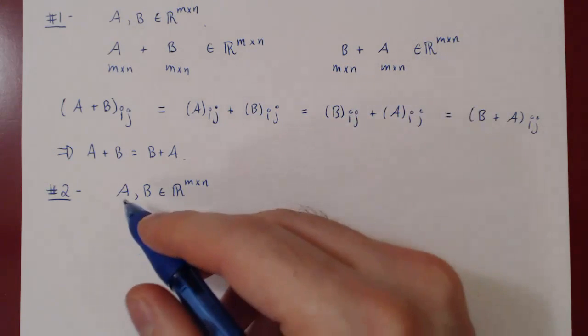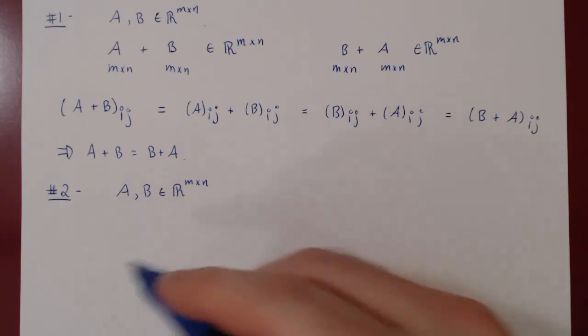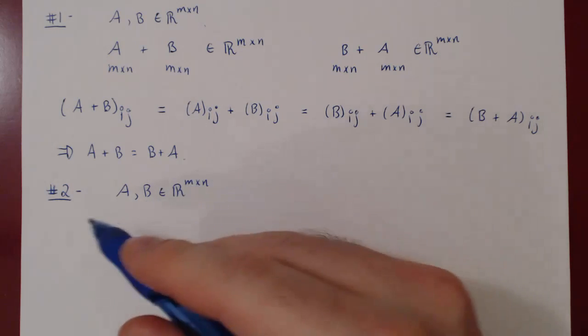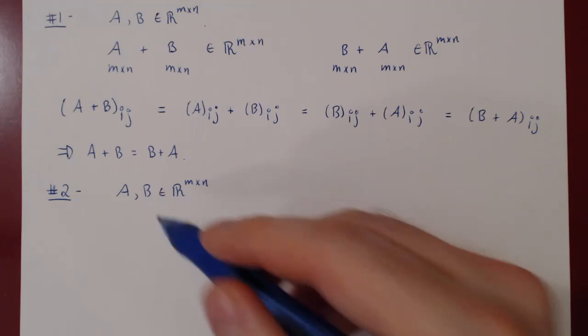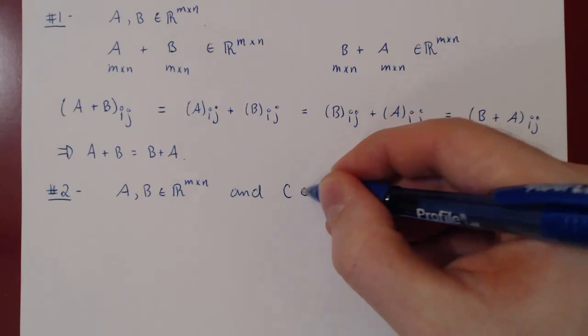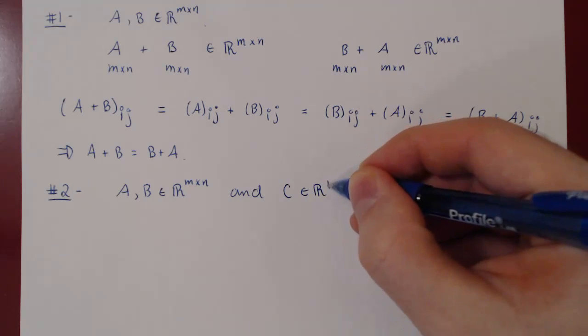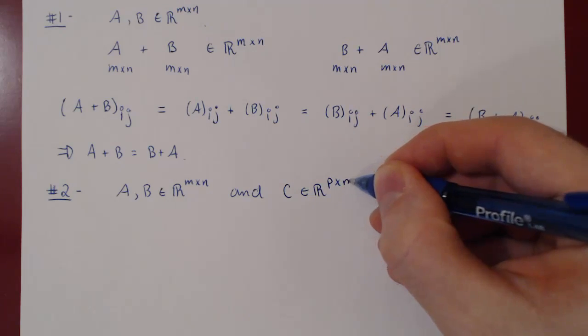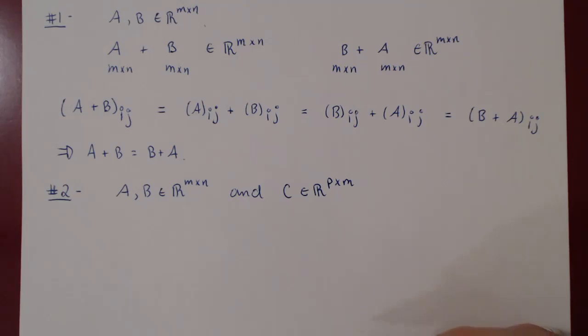And we're going to want to multiply A plus B by a matrix. So the number of columns of our matrix will have to match the number of rows of A and B. So we'll take C to be a matrix, say a P by M matrix. We want to show the following property.